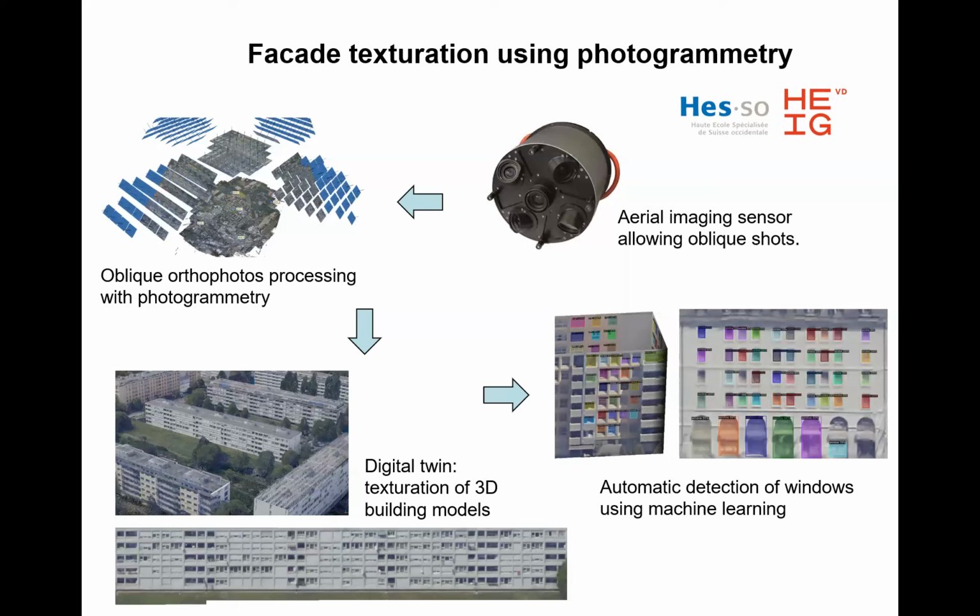So the idea is to bring everything together, and we based it on oblique photos that were processed with photogrammetry. From that, using machine learning techniques, we can automatically or semi-automatically detect windows with a given confidence interval, as you can see on the image.